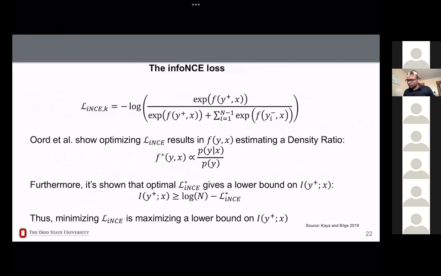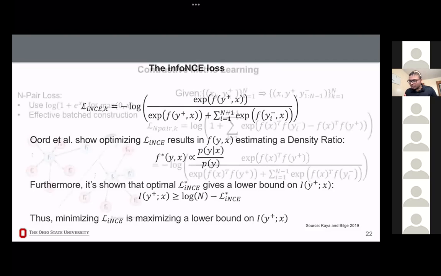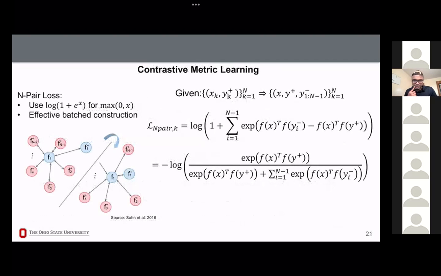All right, so the InfoNCE loss, as it's called, was proposed in the contrastive predictive coding paper. They motivated it in a different fashion in the paper, and you can read it, but I prefer the motivation that I'm going to present.